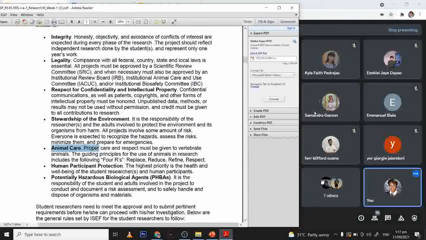That's why we have the LD50. What is LD50? Also remember. What does it mean, LD50, when it comes to animals?